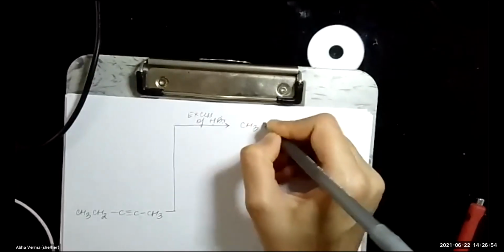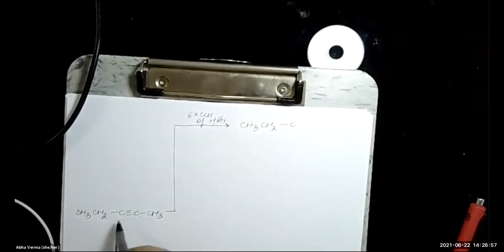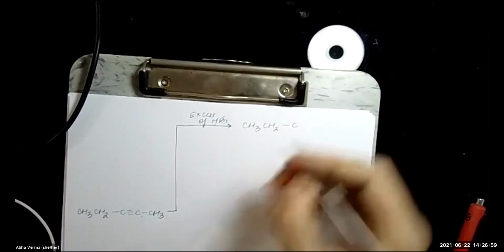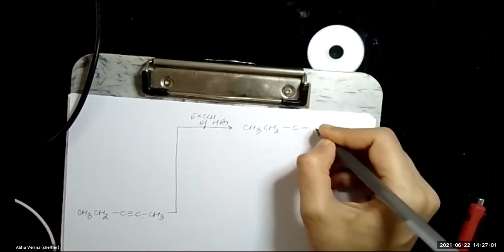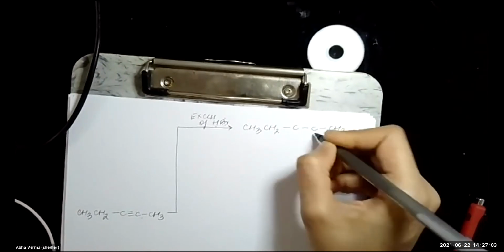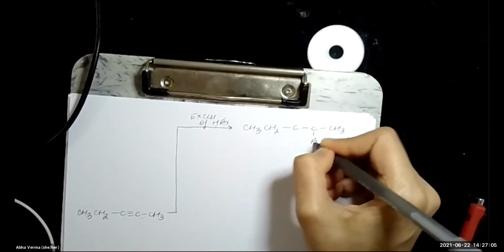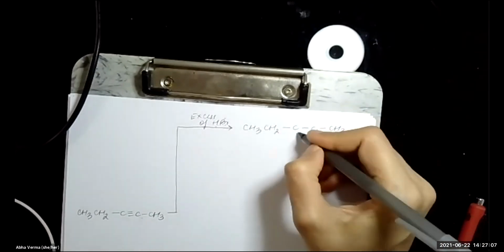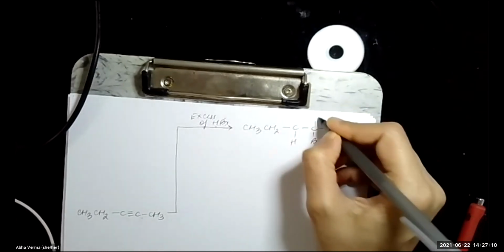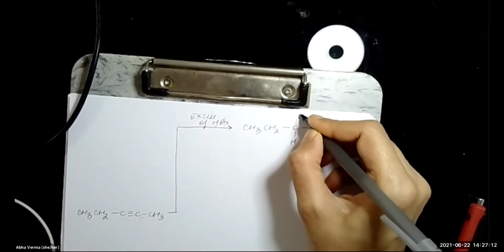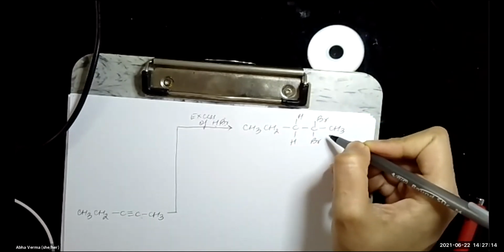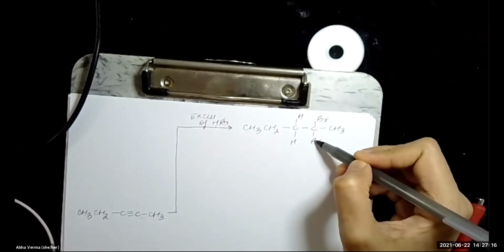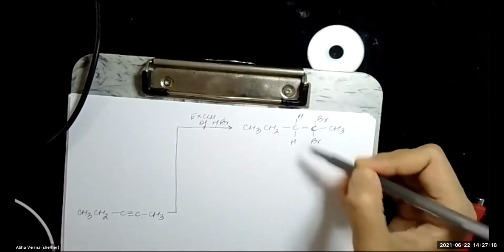Whichever side you choose, because both of them are equally substituted, whichever side you choose to add your bromine to, the next bromine will go to the same carbon. Always remember that, because once you substitute this bromine, it will become di-substituted.